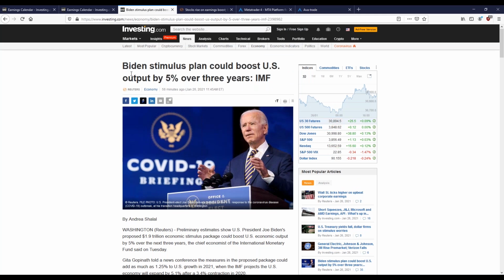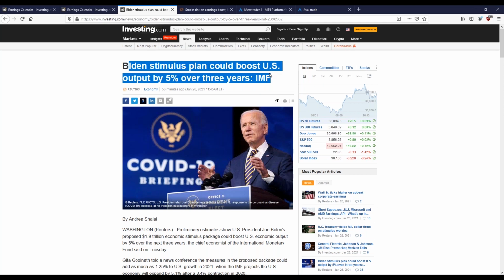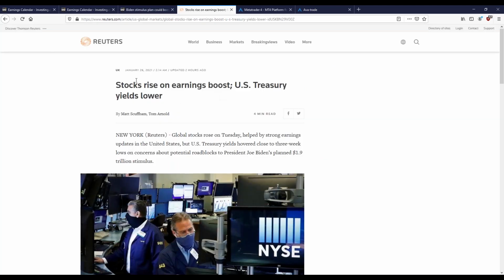We're looking at headlines about the stimulus plan potentially boosting the US output by 5% over the next 3 years. That sounds positive. Stocks rise on earnings boost, and that's not just US stocks, global stocks. So remember, it's a global marketplace anymore.